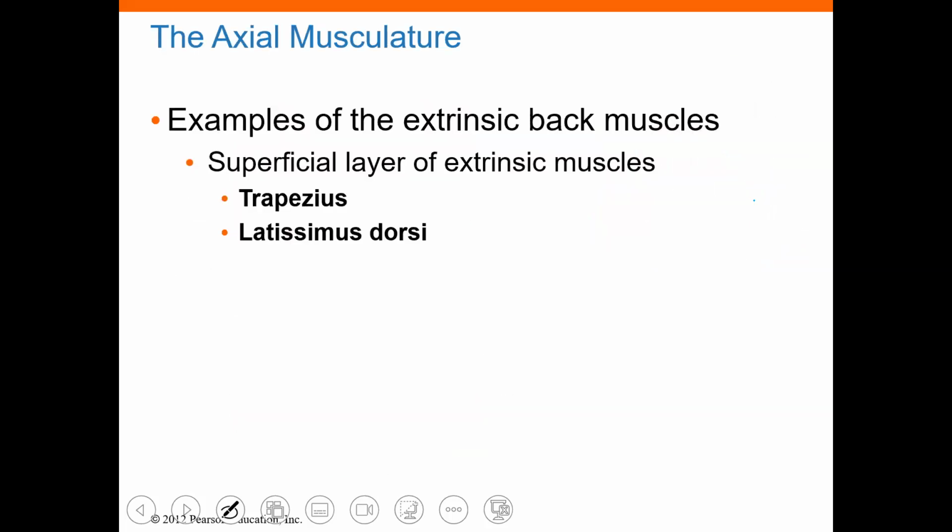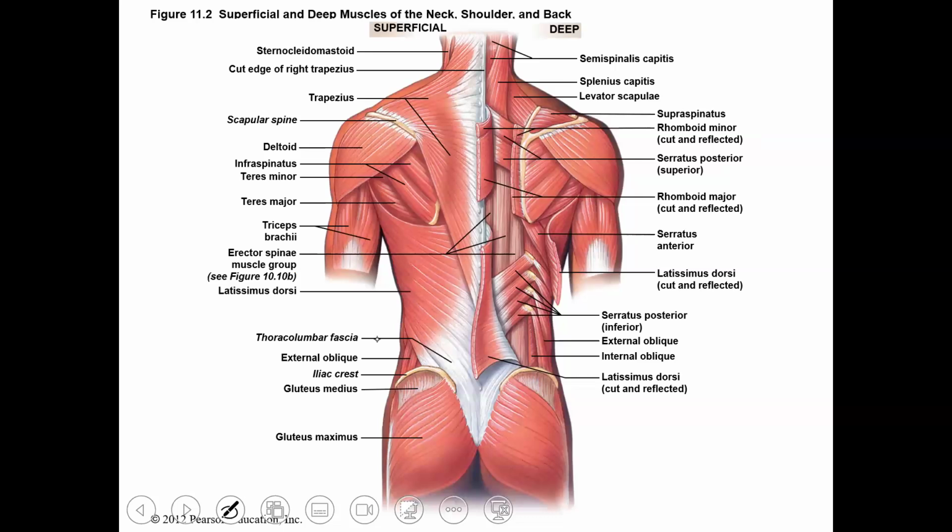Examples of extrinsic back muscles, superficial layer of extrinsic muscles. We're going to look at trapezius and latissimus dorsi, and I'll show you how to remember the difference between the two. So let me get my pen here.